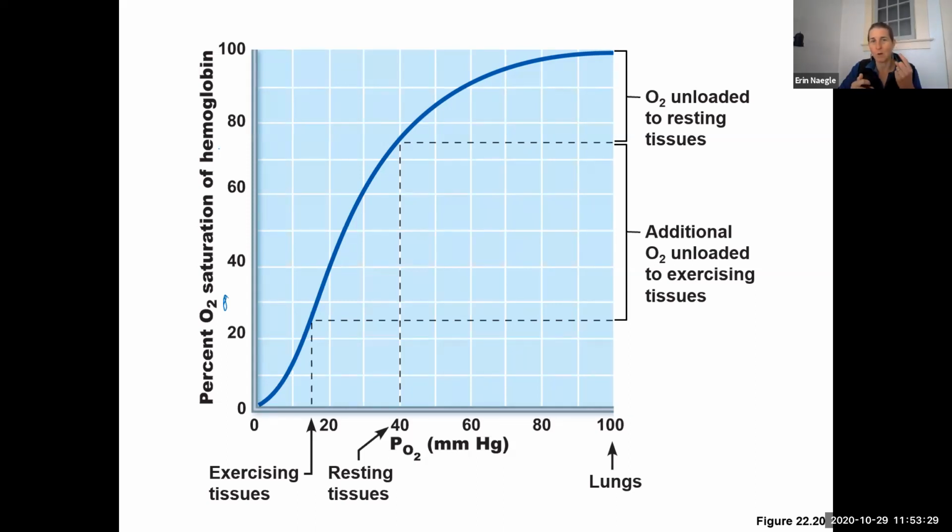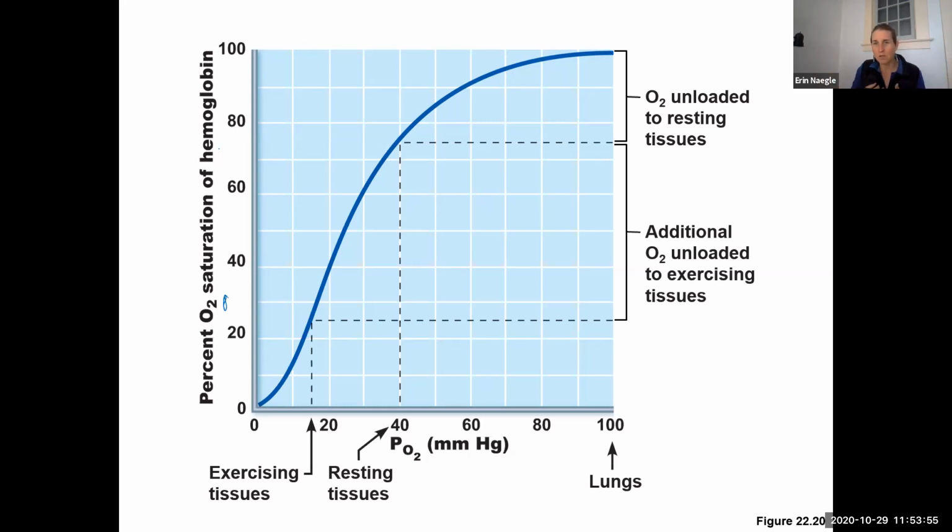So even though one hemoglobin is either going to be at 0, 25%, 50%, 75%, or 100%, depending if it has 0, 1, 2, 3, or 4 oxygen molecules bound to it, because you have billions of hemoglobin molecules, we can get an average of all of those and a percentage.